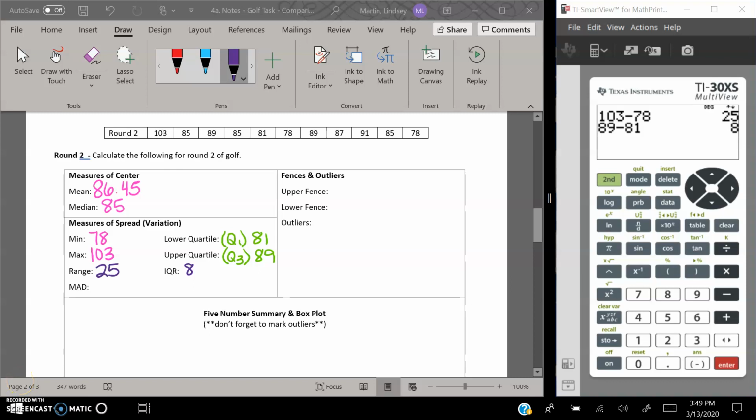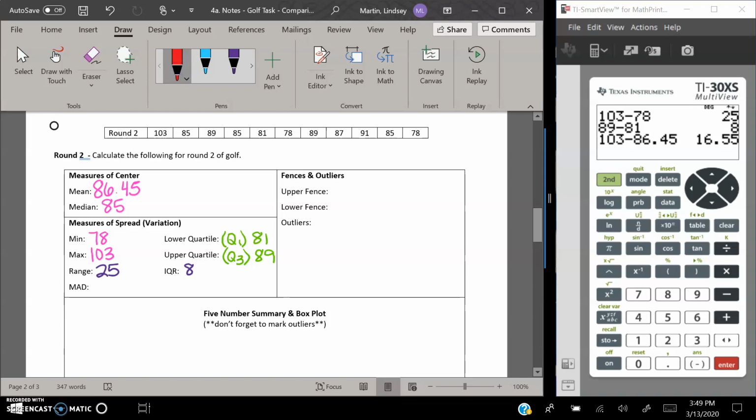We're going to be continuing on here to find the MAD of our round 2 of golf. So now we're going to take all of our data points again and subtract the mean from it to find the MAD. So we'll take 103, subtract 86.45, and that gives me 16.55.